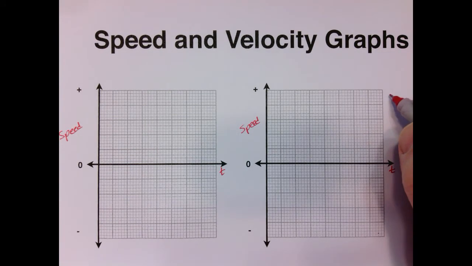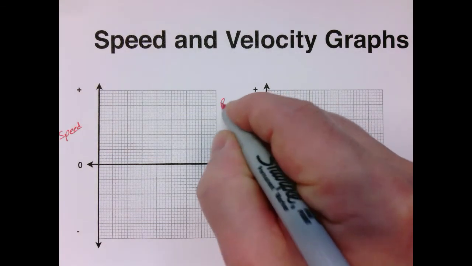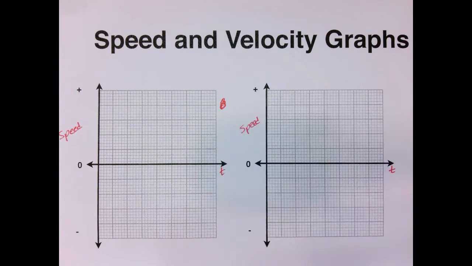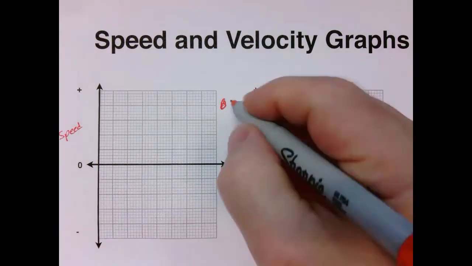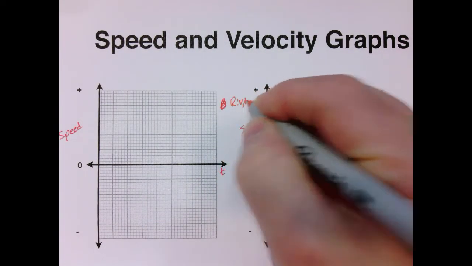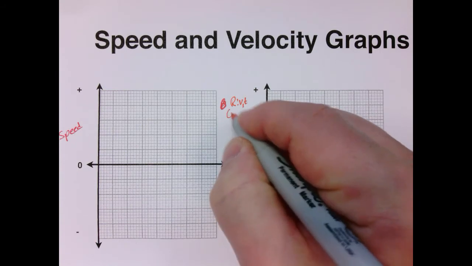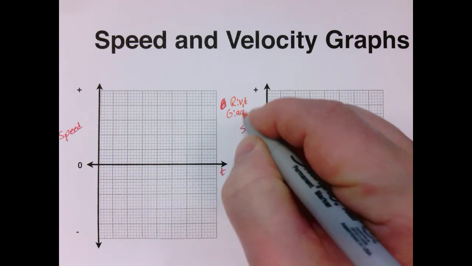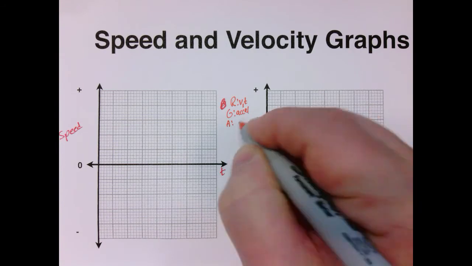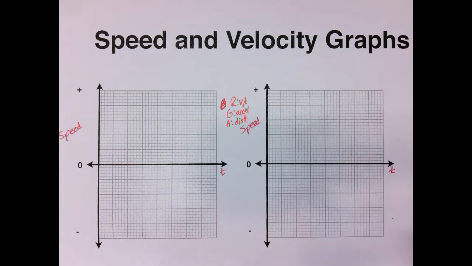Now the first thing we want to ask ourselves is what can we read from these graphs? What we can read is speed and time. The gradient or the slope gives us the acceleration, and the area gives us the distance because we're dealing with speed.